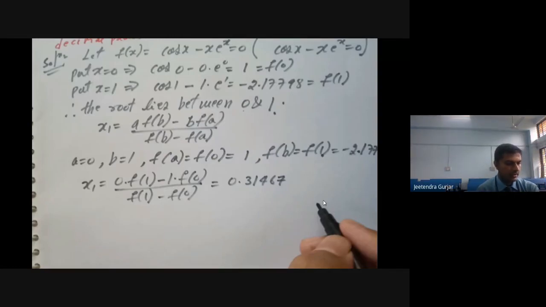So you must get this value, 0.31467. If possible, try. Okay, Prajwal, that is enough. You have taken 3 more values. No problem. That will be more accurate.